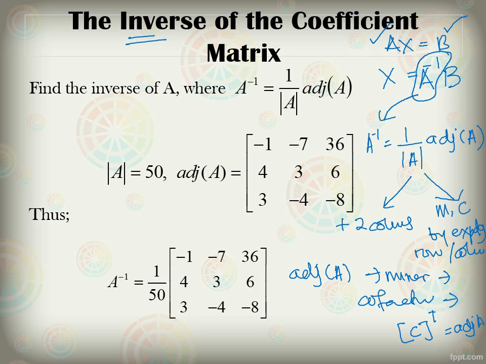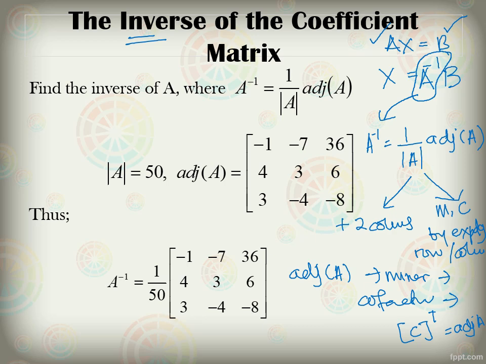So these are the flows. I didn't want to show you again and again how to calculate the determinant and find the adjoint, so I have told you the flows. I leave it for you as an exercise, for you to recall how to find the determinant and the adjoint.